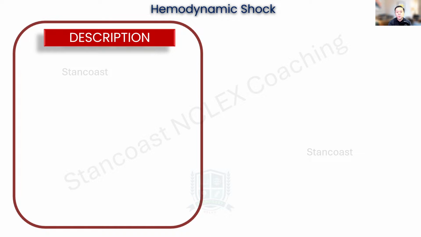And with this insufficiency in the delivery of those substances, oxygen, nutrients, blood, this can also alter the perfusion and the cellular function. Well, what do you expect if the body is not getting the nutrition, the blood, the oxygen? It will not be able to function properly if it's deficient, if it's not getting those important elements.